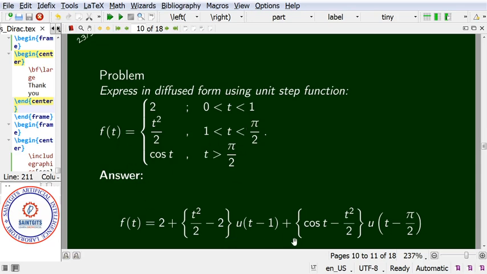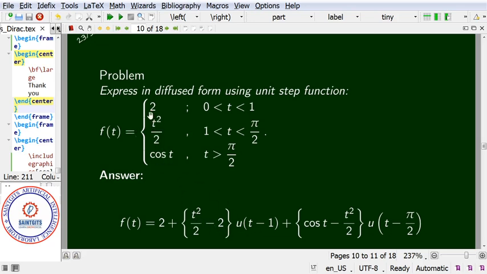So the unit step function is a powerful tool to combine or diffuse different definitions of a function in a single line. There are many other forms of diffusing using the unit step function. Instead of this, we can use a different combination of t using the unit step function. It is possible, but I simply give an easy method to rewrite this function using the unit step function.